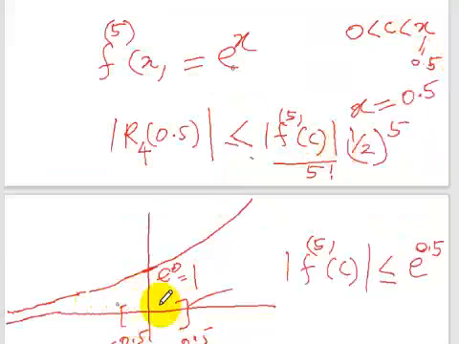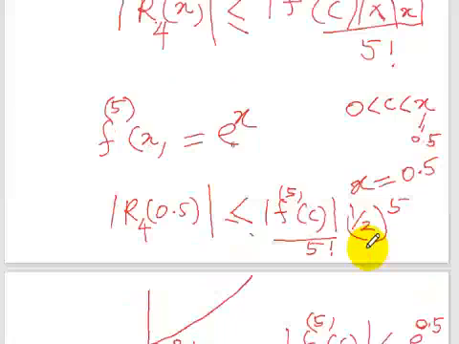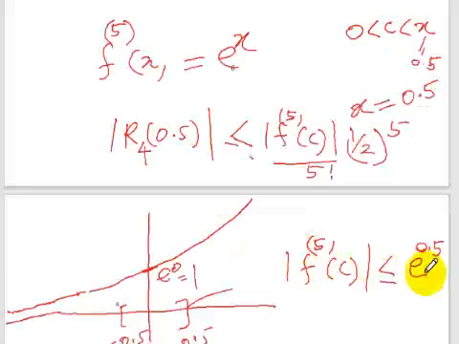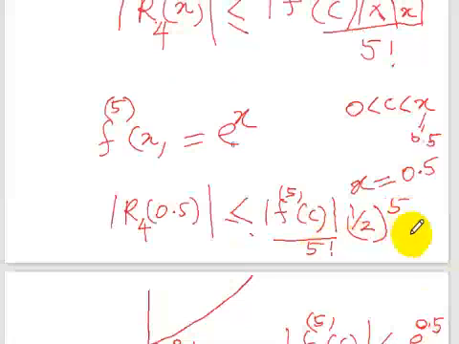If you consider this closed interval containing this point, the maximum value of the exponential e to the x occurs here. Then the modulus of the fifth derivative is less than or equal to this number, so you can put that number here.